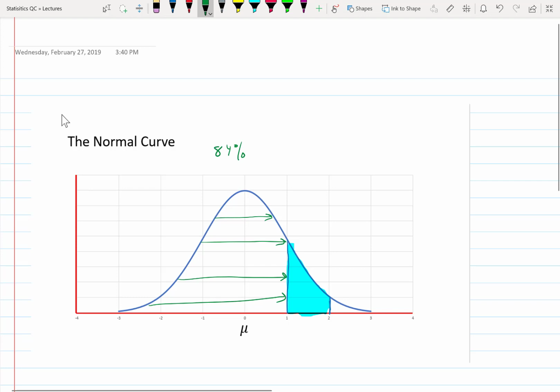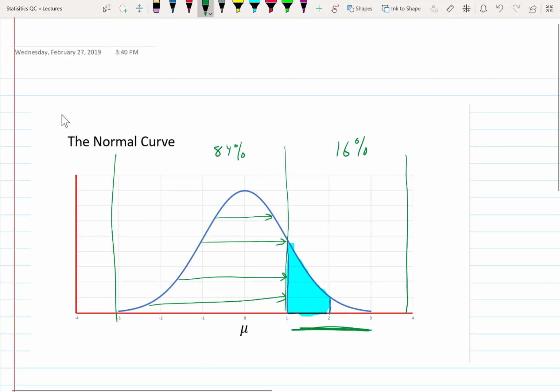So what's the leftover area over here? If this area in here is 84%, we have a total of 100%. The area left over in this area here is going to be 16%.